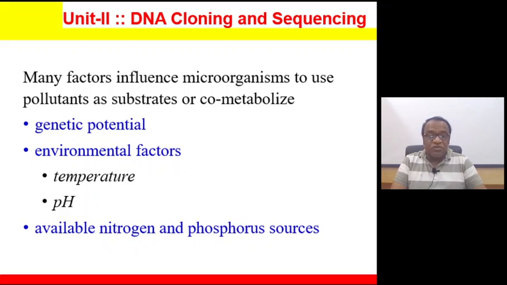So these determine the rate and the extent of degradation. These factors are very critical to determine the rate and the extent of degradation. Number one, the genetic potential of the microorganisms, and environmental factors such as the temperature and pH and the availability of nitrogen and phosphorus sources. All these factors put together determine the rate and extent of degradation.